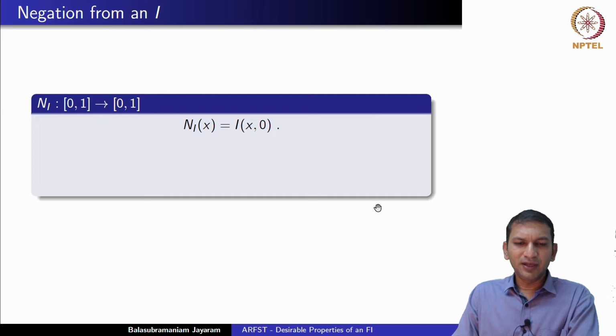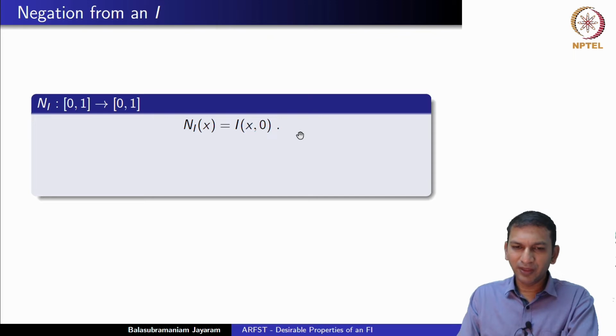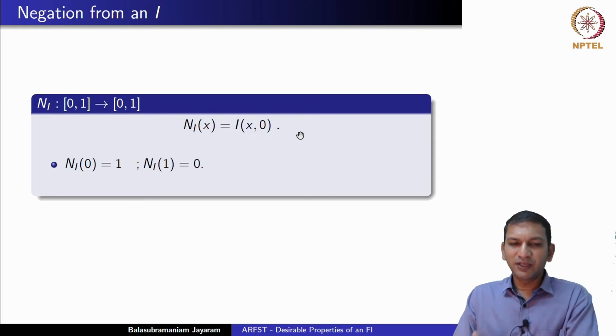Taking a cue from here, we could define, given an implication I, another auxiliary function N_I like this: N_I of x is I of x comma 0. So essentially this is a partial function where we fix y to be equal to 0. Now clearly, from the definition of fuzzy implication itself, we can see that N_I of 0 is 1 and N_I of 1 is 0, and similarly it's a decreasing function.